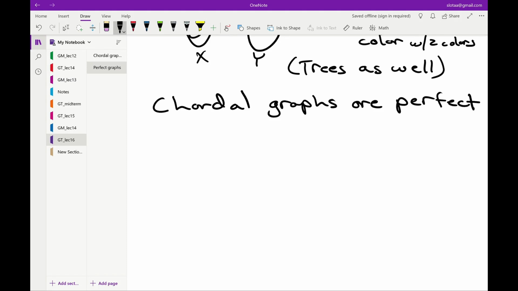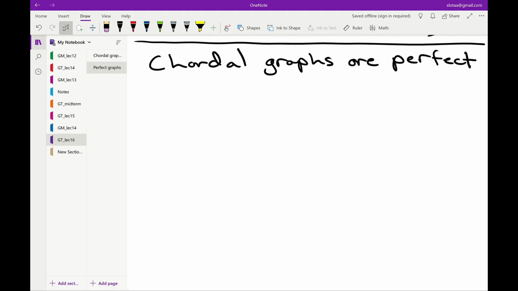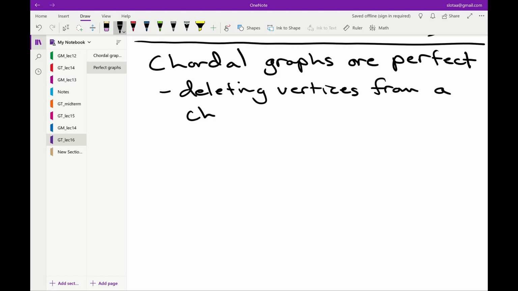Chordal graphs are perfect. So let's make this its own little thing down here because we're going to do a fairly short proof to demonstrate this case. So chordal graphs in general are perfect. What we saw before is that deleting vertices from a chordal graph results in a chordal graph.